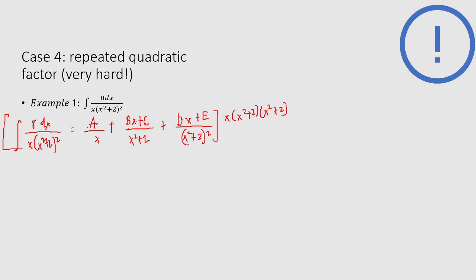So here, that's 8 dx equals A times x squared plus 2 squared, plus Bx plus C times x times x squared plus 2, plus Dx plus E times x.